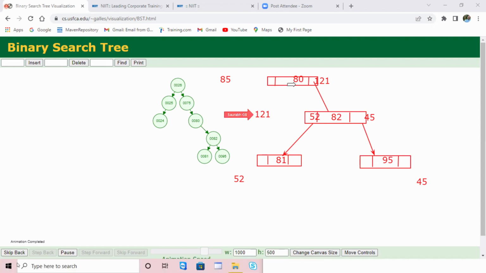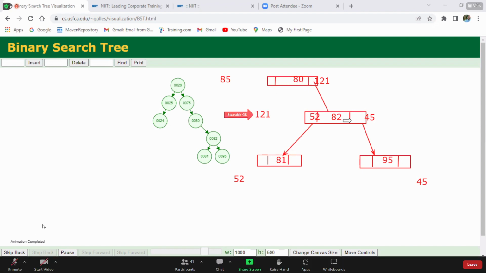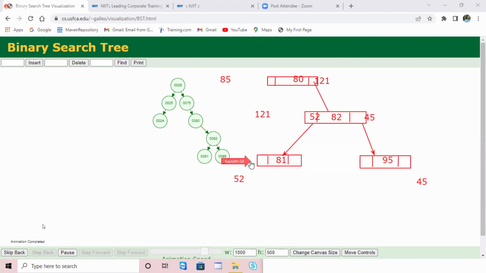Now I want this 80, instead of 82, this node will be replaced. So what I need to do? In other words, I no more want to point this. Now I want to point this. How will I go and do?